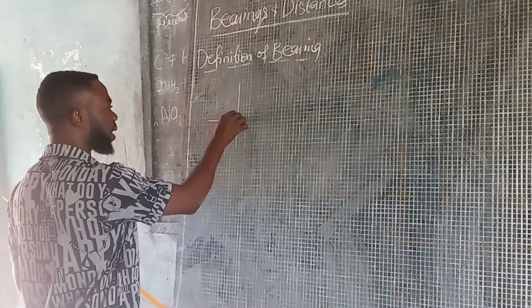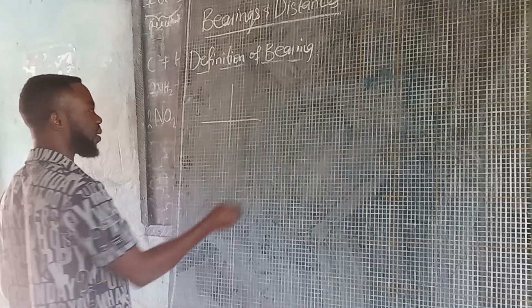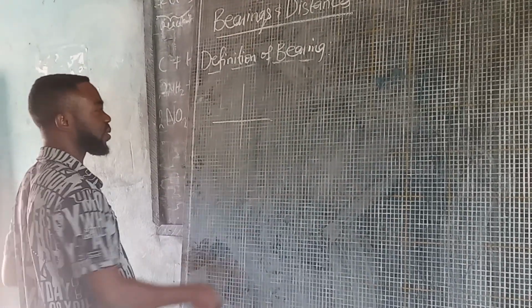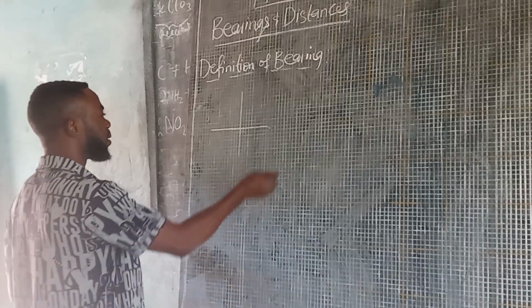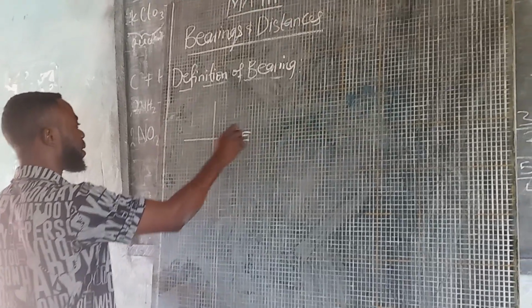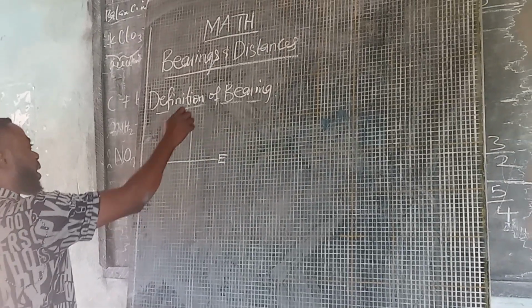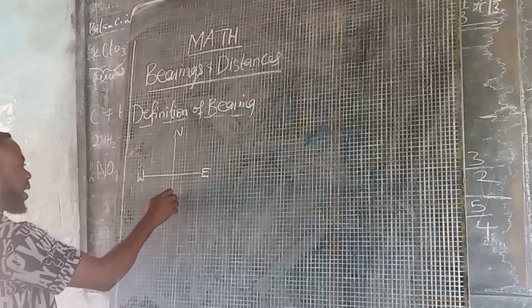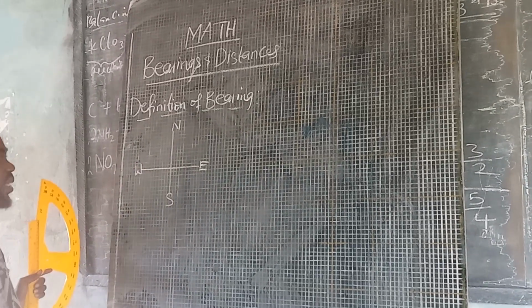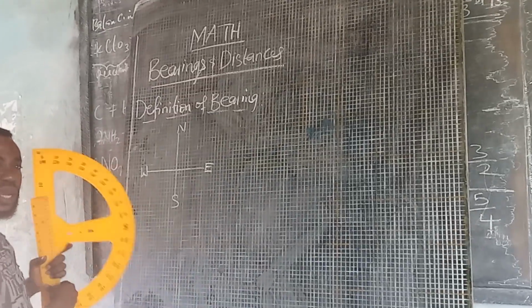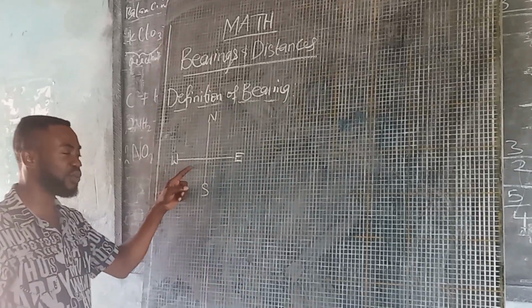You place your ruler and your pencil or pen and draw the horizontal axis, which represents the east and west, and then this is the north and the south. These 4 points are referred to as the 4 cardinal points.